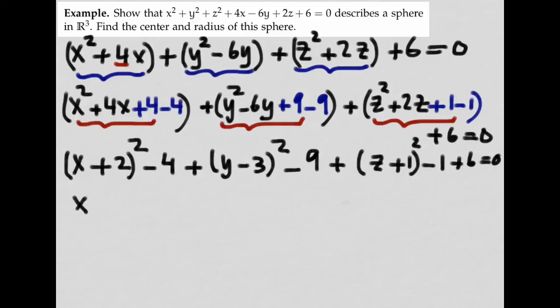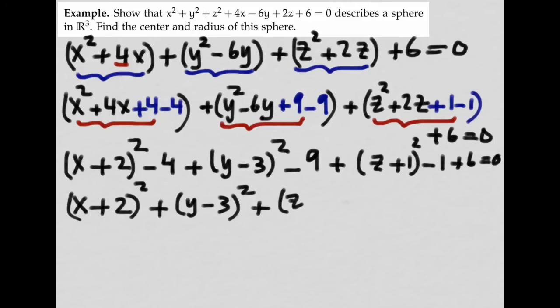That's equal to x plus 2 squared plus y minus 3 squared plus z plus 1 squared equals minus 4 minus 9 is minus 13, minus 1, that's minus 14, plus 6, that's minus 8. If we move it to the right-hand side, that's equal to 8.